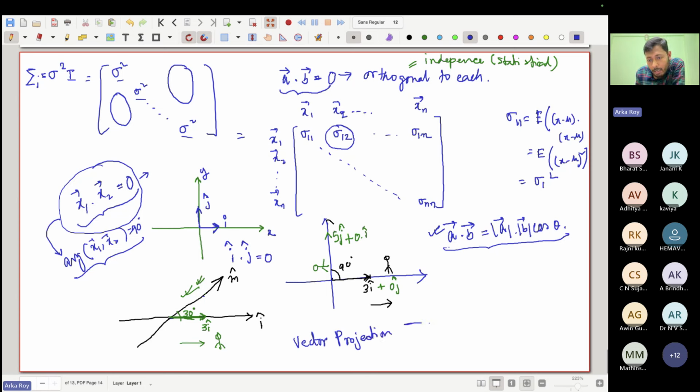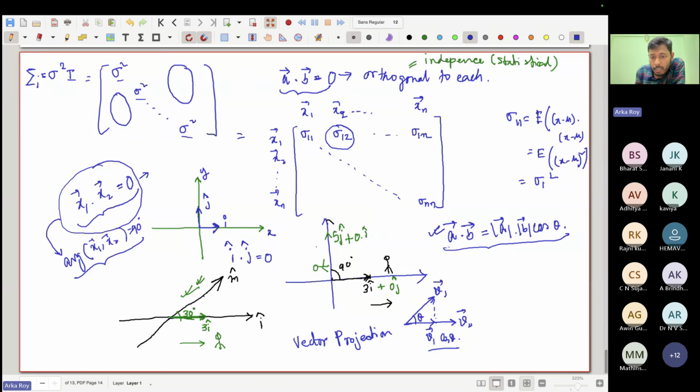It is like you have a vector like this, and another vector like this. Let's say this is V1 and this is V2. Projection basically means V1 cos theta. You have studied this in your +2 level vector algebra as well. So this is called vector projection.